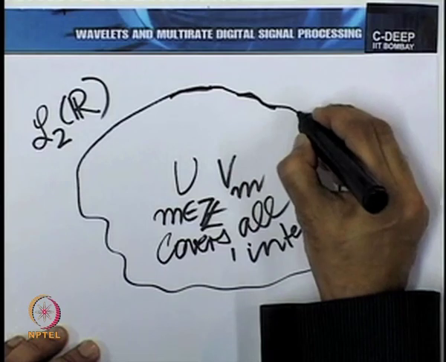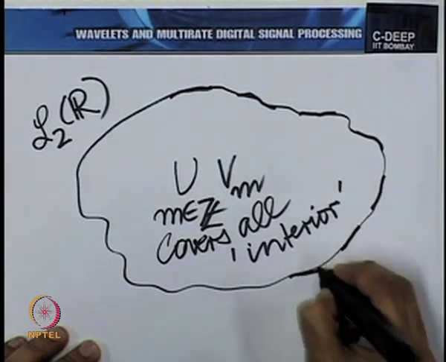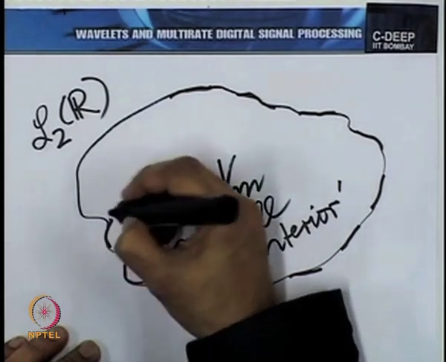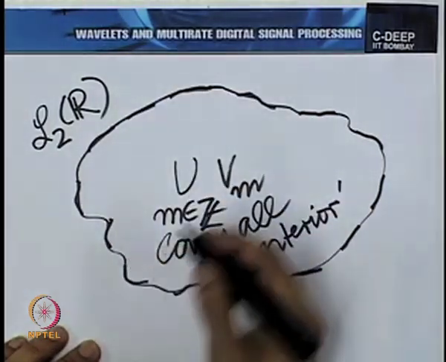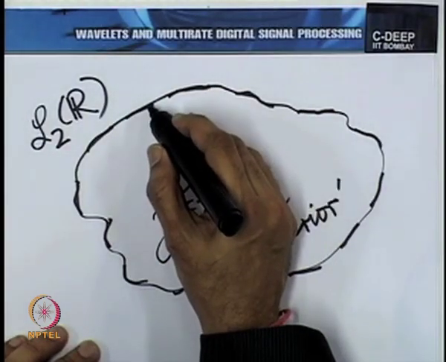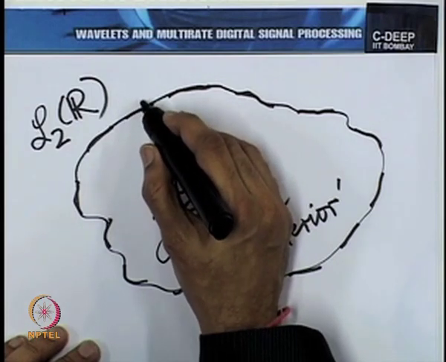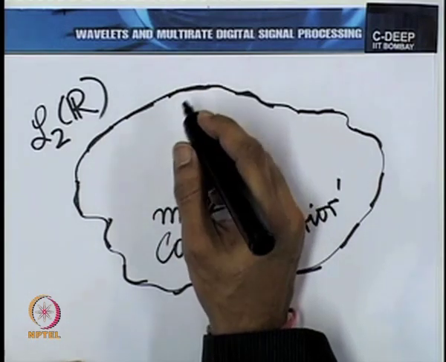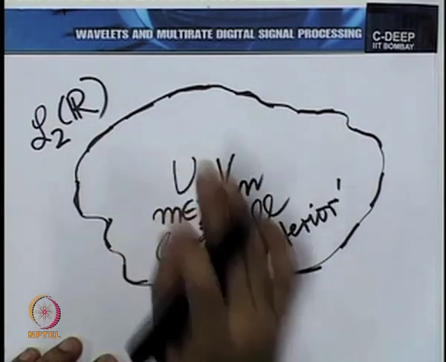So, it may also cover some part of the boundary. Now, of course, do not ask me at this stage what we mean by boundary and interior. Informally, when you say boundary, you are talking about functions where moving in a certain direction does not remain in L2(R), moving in the other one does. So, this boundary and the interior at the moment need to be understood only informally.